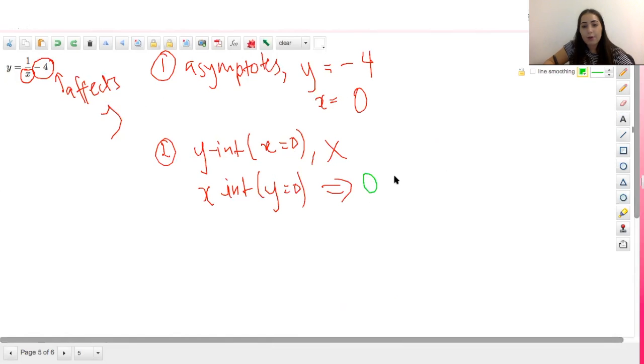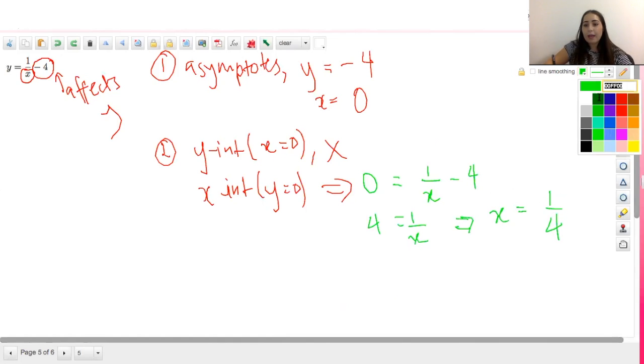I get 0 equals 1 on x minus 4. I add 4 to both sides. I get 4 equals 1 on x. And I simply cross multiply to give me x equals 1 on 4. So this is my x-intercept, a quarter.